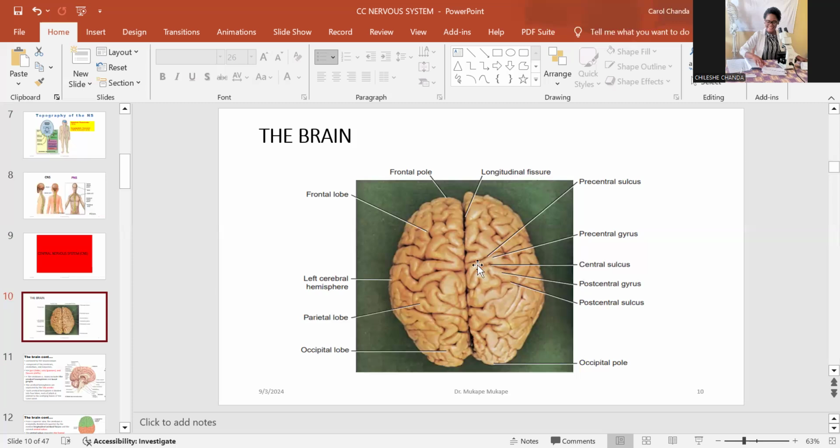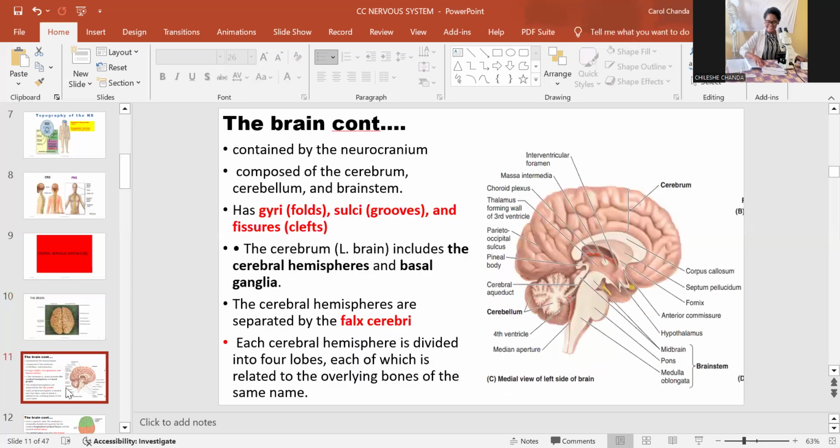Each gyrus has a name, but just take note that they are known as the gyri. And then those small furrows between the gyri are known as sulci. One is a sulcus and several of them are sulci.